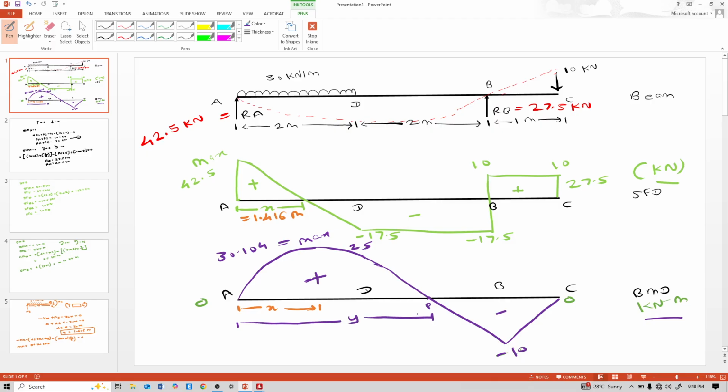Now let's calculate this y distance. Y distance is the point of contraflexure distance where bending moment changes sign.